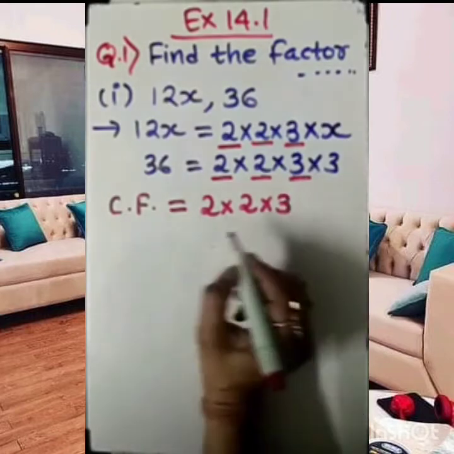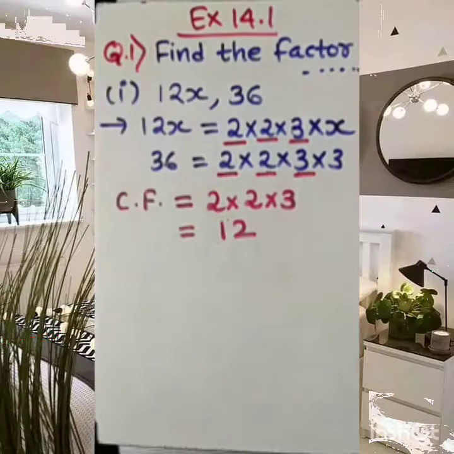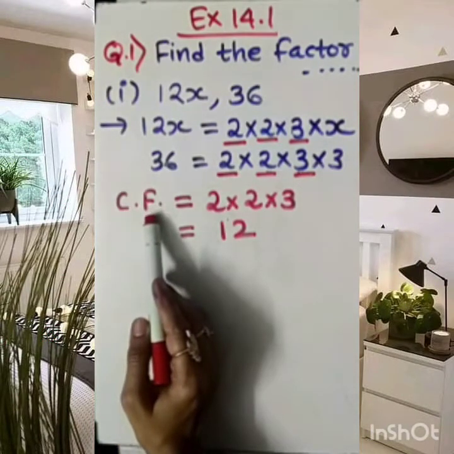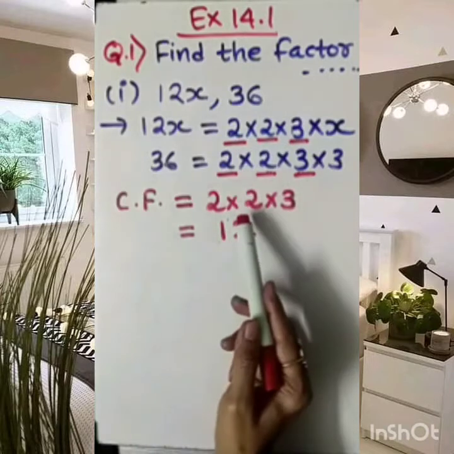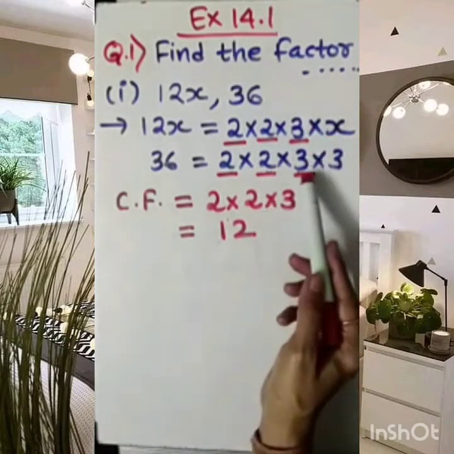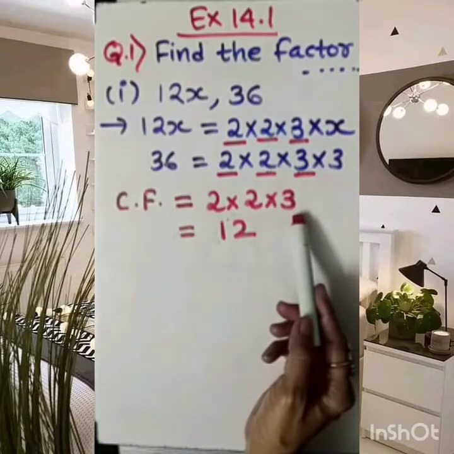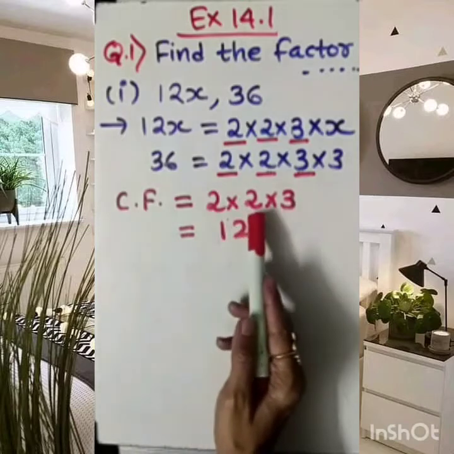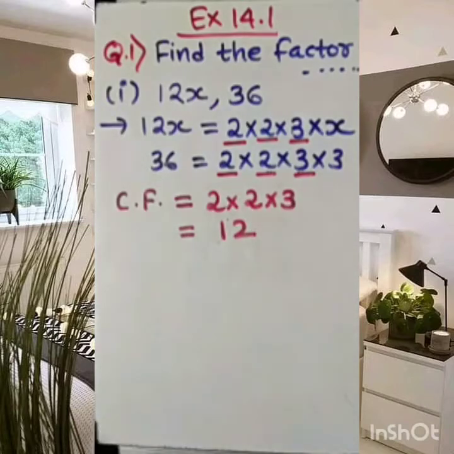So dear student, the common factors are 2 into 2 into 3, that is 12. So the answer is 12.